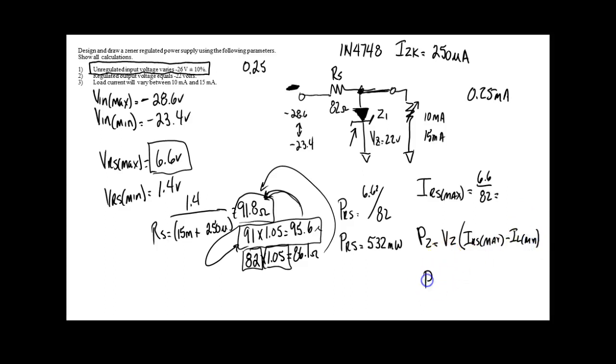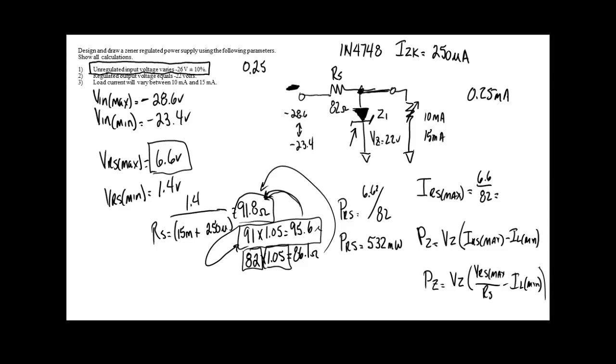Well, you could say PZ would be equal to VZ, and then inside here you could say VRS max over RS minus I load. So we don't have to do that. It's not another way, it's another way to check your answer, but we gotta do PZ. We gotta calculate Zener power.